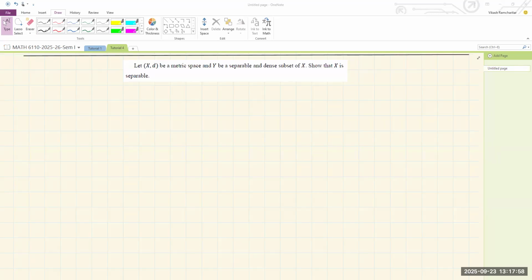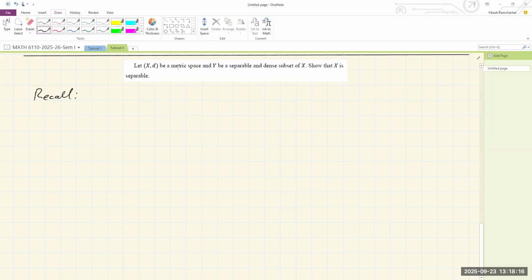Okay, so in this question, we are given that (X, d) is a metric space and Y is a separable and dense subset of X. Show that X is also separable. So we just need to recall this definition.